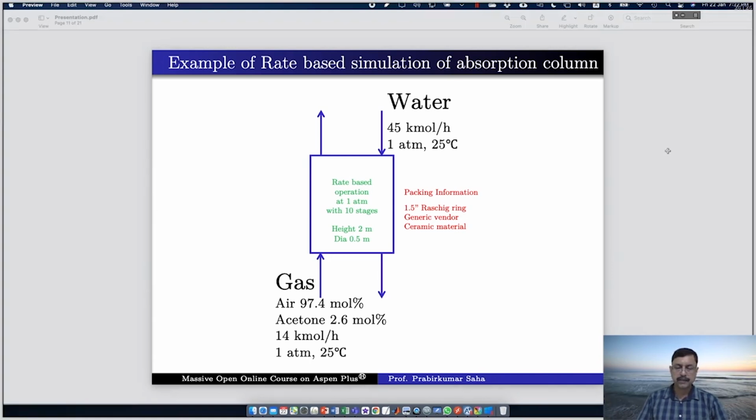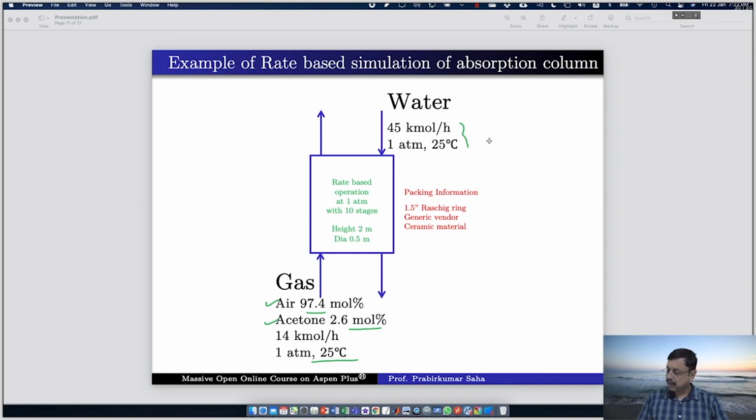Let us take this unit. Here we have a packed column where gas containing 97.4 mole % of air and 2.6 mole % of acetone, flow rate and temperature pressure condition is given. This gas is being passed to this column and it is scrubbed with pure water, whose flow rate and temperature pressure conditions are given as well.